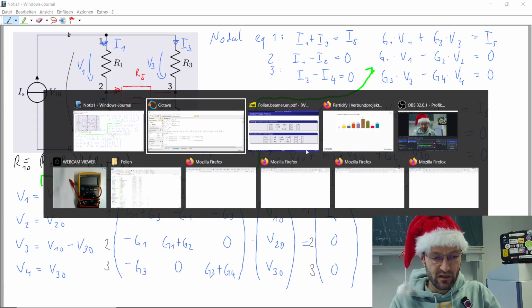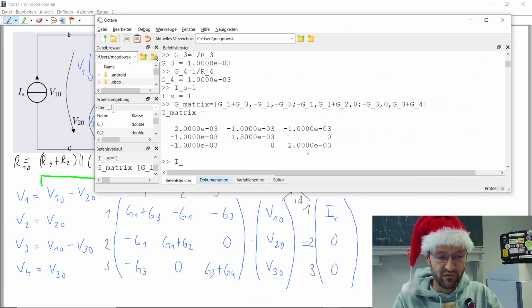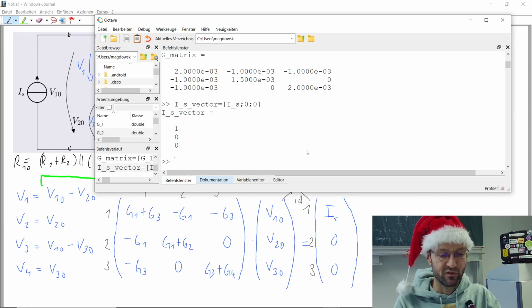So then I need to have the source vector. And inside the source vector, I have the source and a 0 and a 0 in 2 more rows. So this is my source vector, 1, 0, 0.